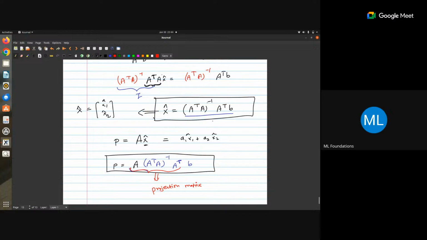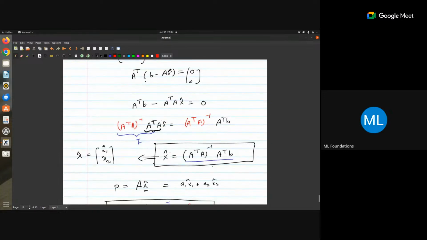If I multiply this projection matrix with vector B, I'll get the projection p, which is a vector, a small p. So it is a projection vector. You understand, right? This is a matrix, called the capital P projection matrix, and if I operate it onto vector B, I'll get a projection.